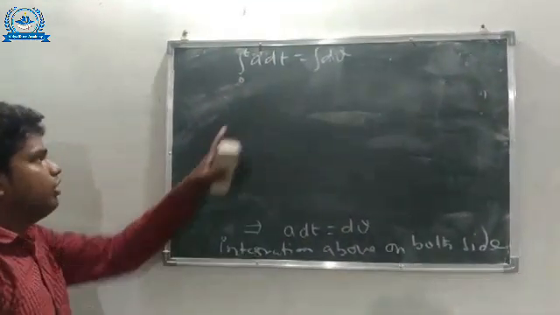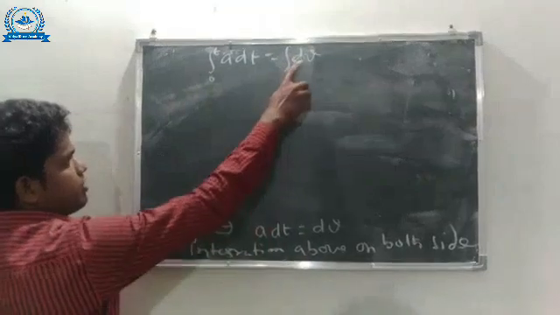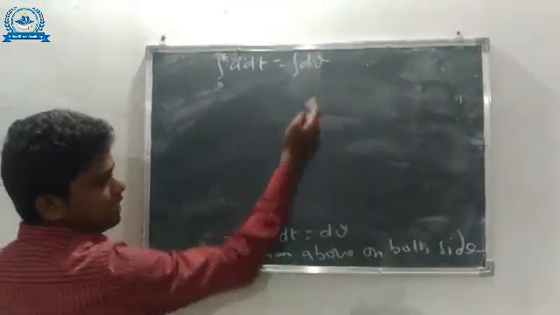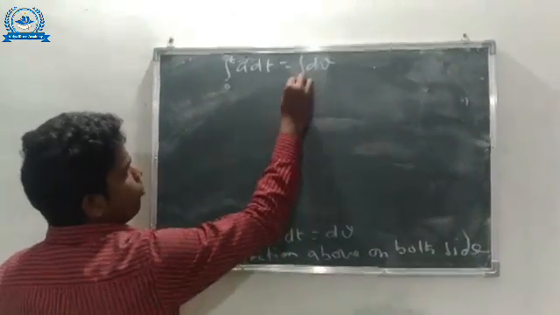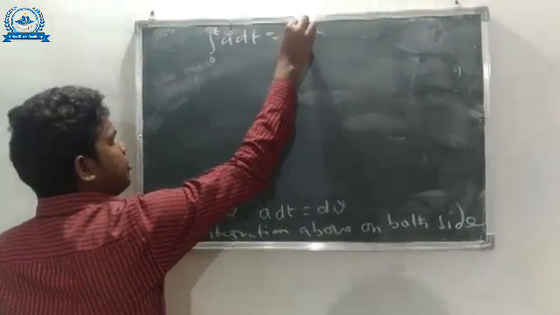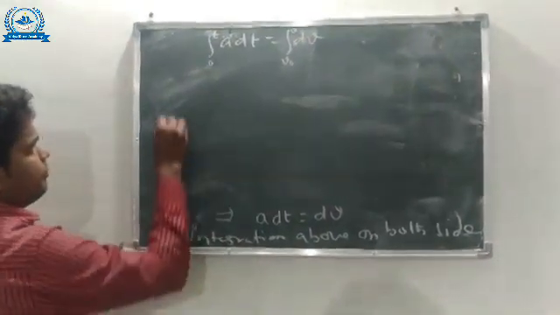Similarly, on the right hand side, velocity is being differentiated with respect to v, so the lower limit is v0, that is the initial velocity, and the upper limit is v, that is the final velocity.